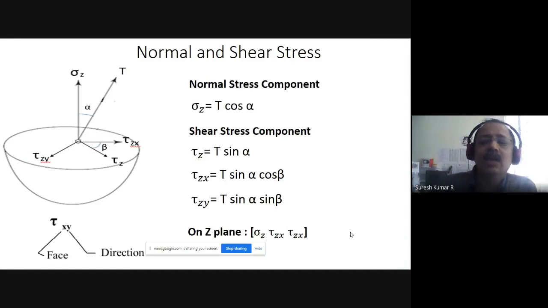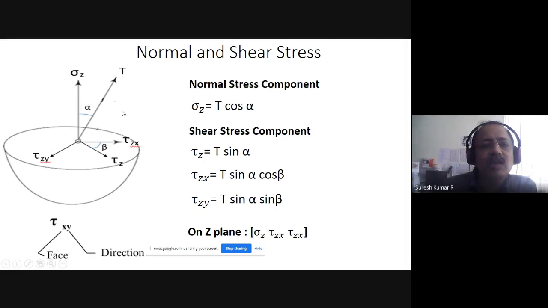Now, let us look at the difference between normal and shear stress. Let us say there are a number of forces acting on a body producing a resultant stress inside, and let that total resultant stress be T, acting here at an angle alpha with the vertical.